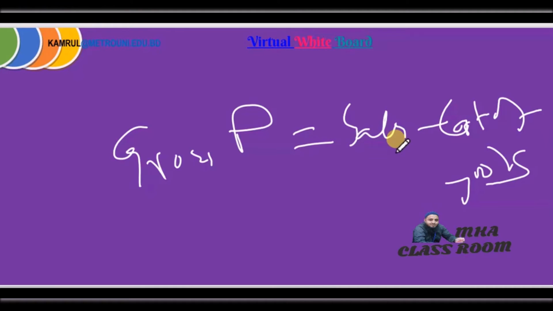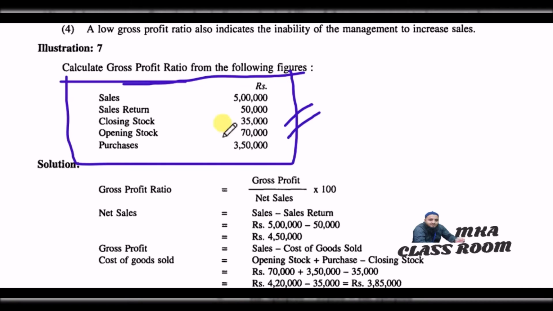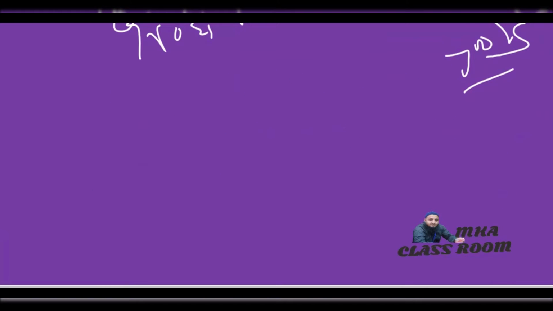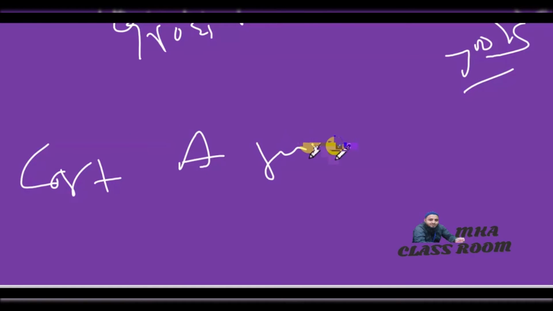Now we will see gross profit. Here we do not have the cost of goods sold. From our information we don't have the gross profit, or the cost of goods sold, so we have to find out the cost of goods sold. How can we find this?